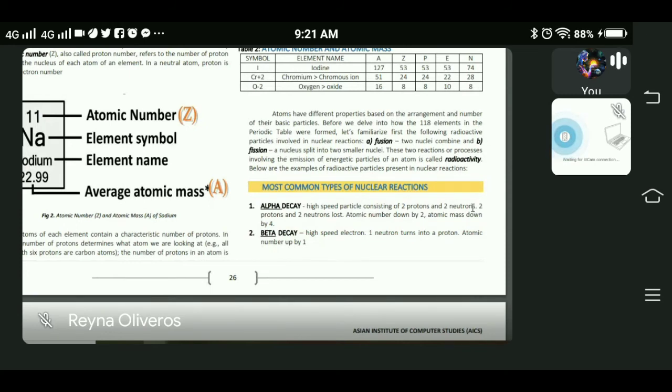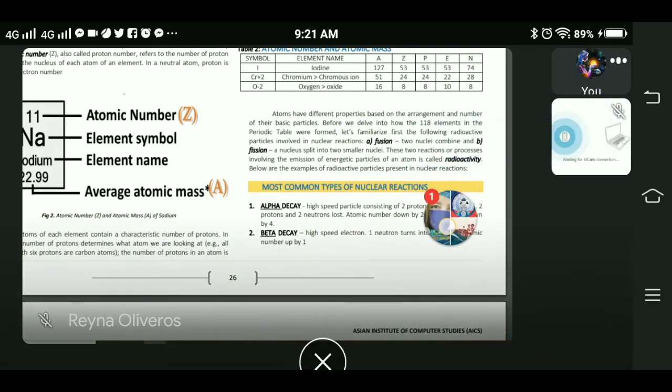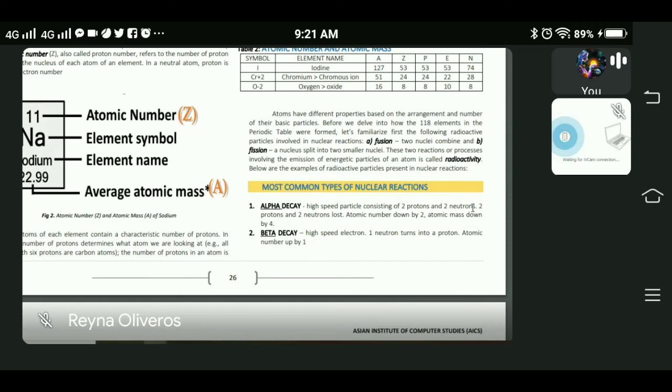When we say alpha decay, it is a high-speed particle consisting of 2 protons and 2 neutrons. These 2 protons and 2 neutrons are lost. Okay? The atomic number goes down by 2 and the atomic mass goes down by 4. That is alpha decay. When we say beta decay, this is what we call a high-speed electron, in which one neutron turns into a proton.